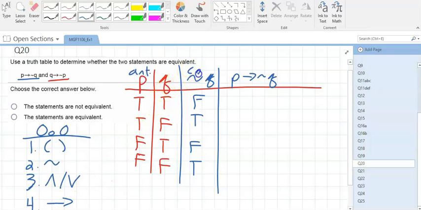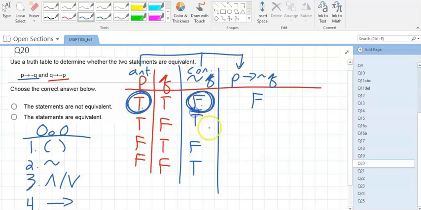Q. And again, we'll use these two columns to help us answer that one. So, we're going true to false. What does that get me? That's our false case. Because again, when the antecedent is true and the consequent is false, your answer is false. That's the only time a conditional is false.